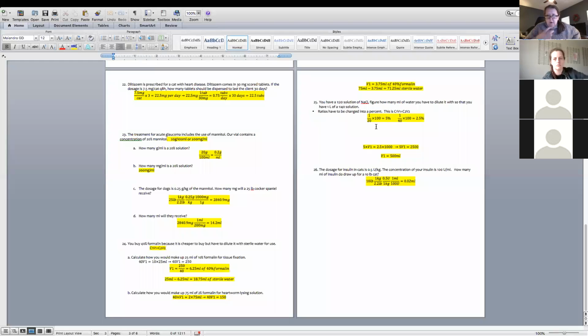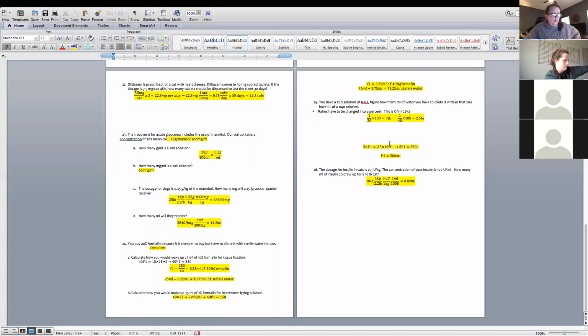Now that, to me, I like to work long ways. I like to work it through. So a 5% is always going to be 5 grams over 100 mils, and 2.5% is 2.5 grams per 100 mils.